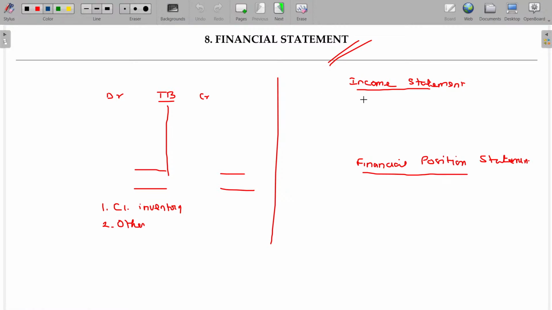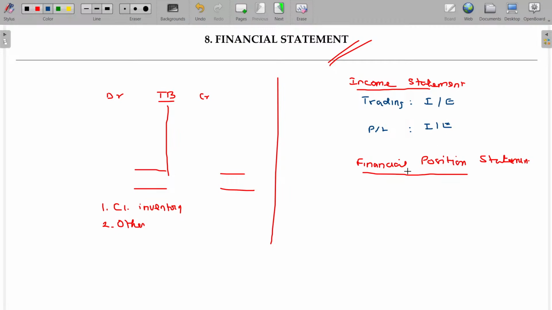One is the trading section. Another one is the profit and loss section. In trading also we have income and expenses. Here also we have income and expenses.